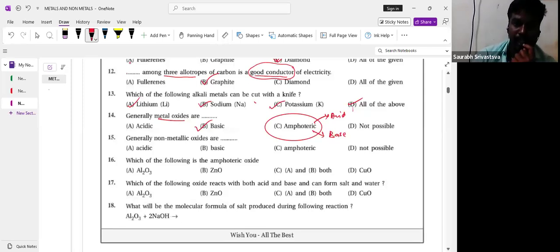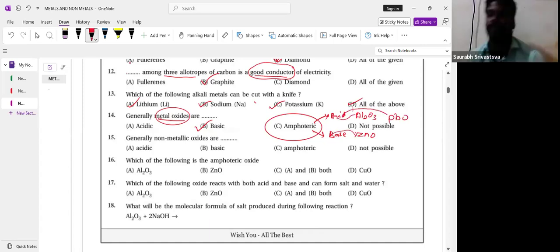Metal oxides are basic in nature, non-metal oxides are acidic in nature, and some oxides are amphoteric in nature. Which ones? Aluminum oxide Al2O3 is amphoteric. Zinc oxide is amphoteric. Lead oxide is amphoteric. These three oxides are amphoteric in nature. That means it will behave as an acid as well as a base, or it will react with acid as well as base. That's the reason we call it amphoteric nature.